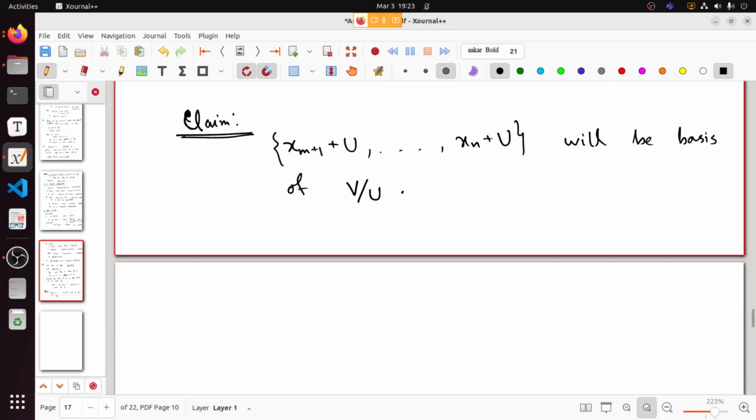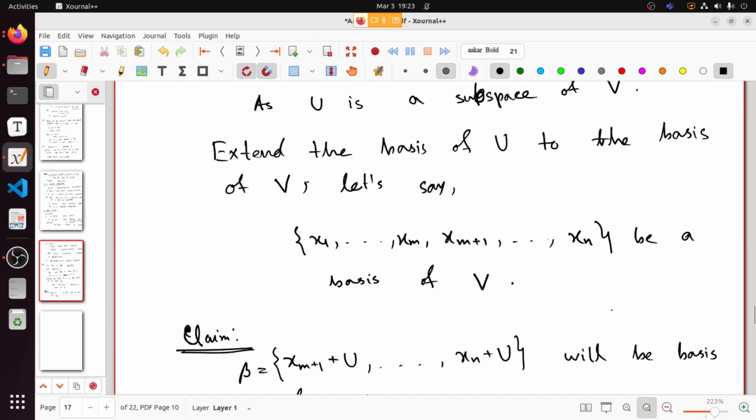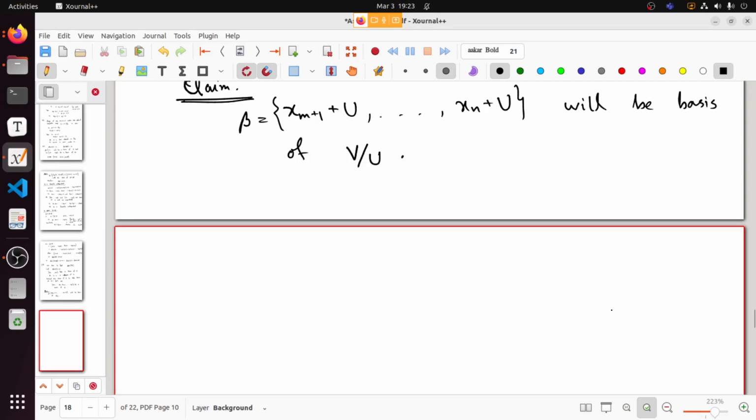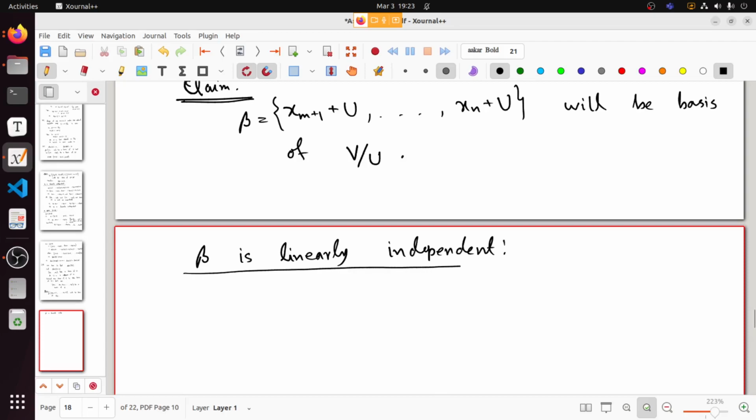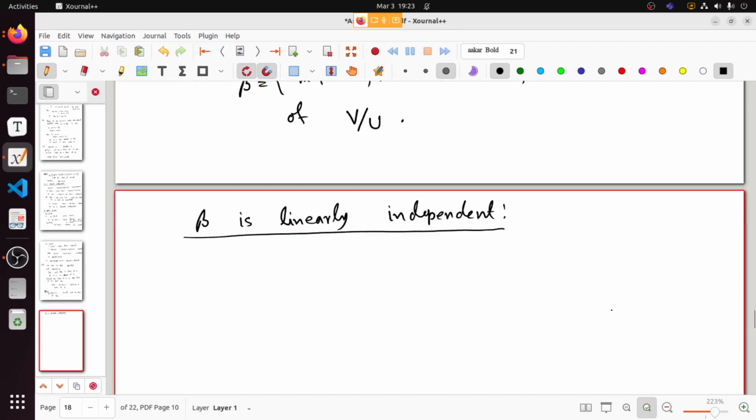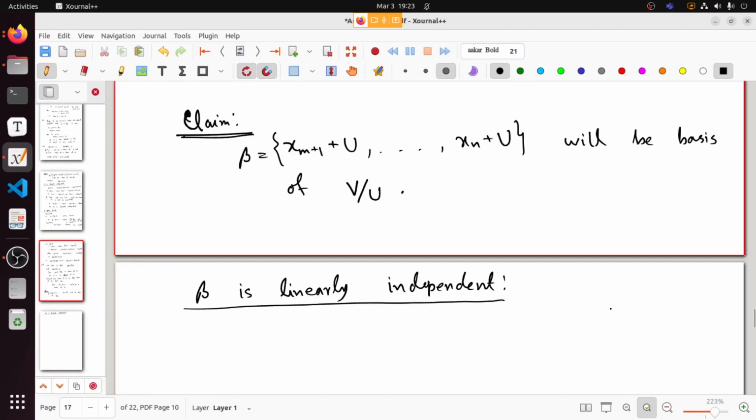So I again call it beta. So beta is linearly independent. What is the zero element in V mod U? It's U, right?